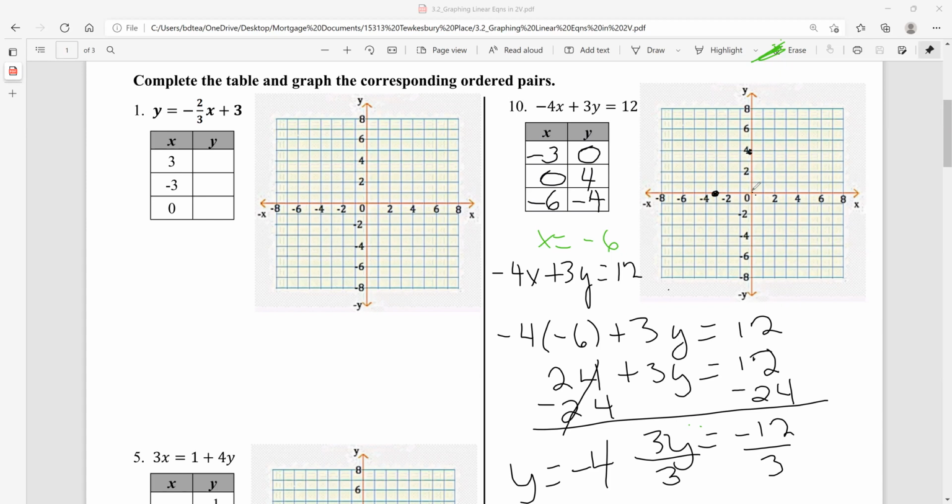And then we have -6, -4. Negative 6 to the left and then -4. Under normal circumstances, I probably wouldn't have chosen a larger number like -6. I usually choose numbers like 1 and 2, but because of the nature of this problem, I was just strategically trying to use a number that gives a whole number.